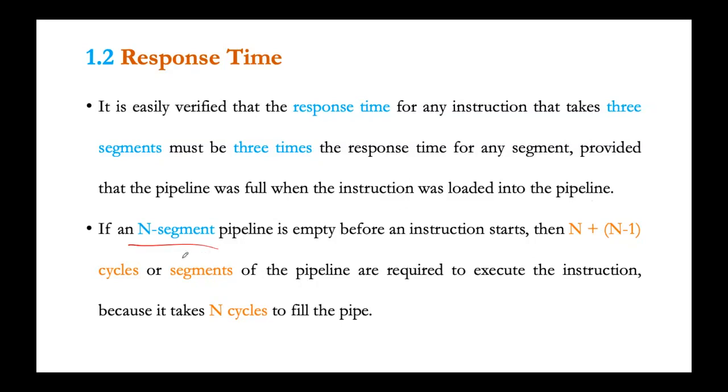If there are n segments, in our case 5 segments, but sometimes n segments, because we have seen that ALU operations take only 4 cycles. For memory operations, if it is a load, then it takes 5 cycles.